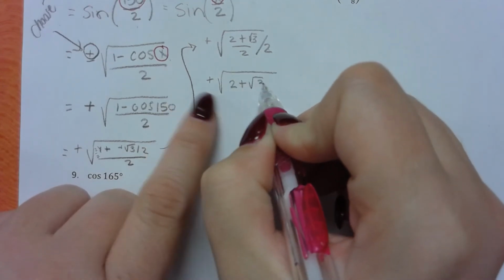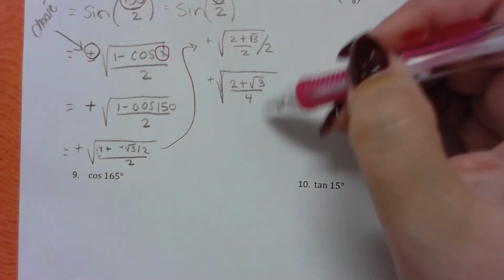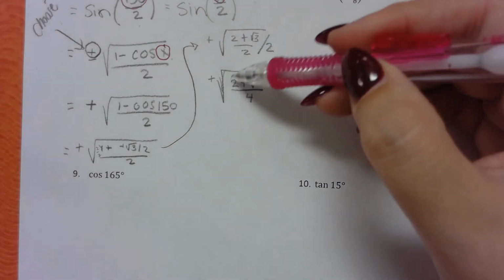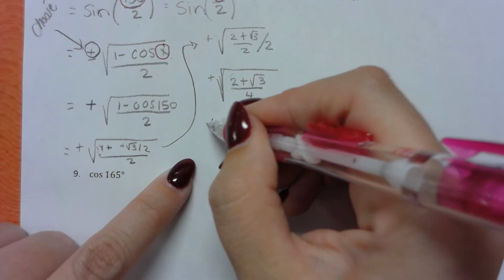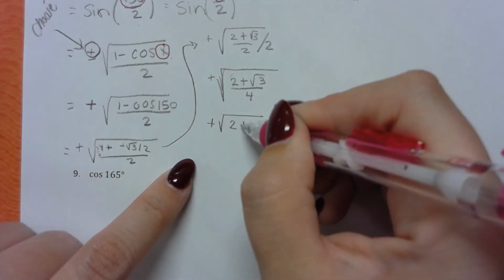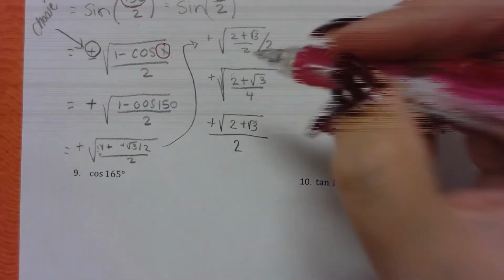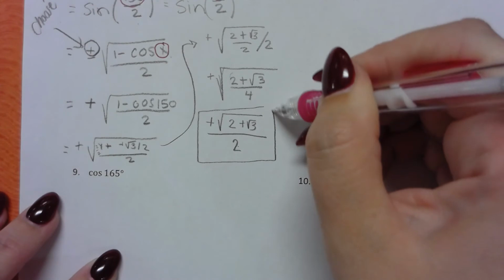So that gives us 2 plus root 3 all over 4, because 2 times 2 gives us the 4. Now remember that we're taking the square root of this whole thing. Well, the square root of 4 is a perfect square, so we could say this is 2 plus root 3 all over regular 2, because the square root of 4 is 2. So this is our final answer.